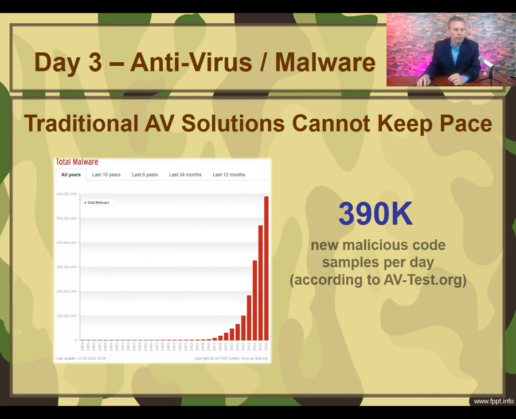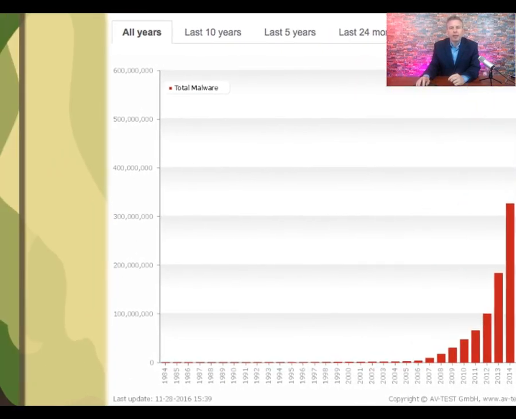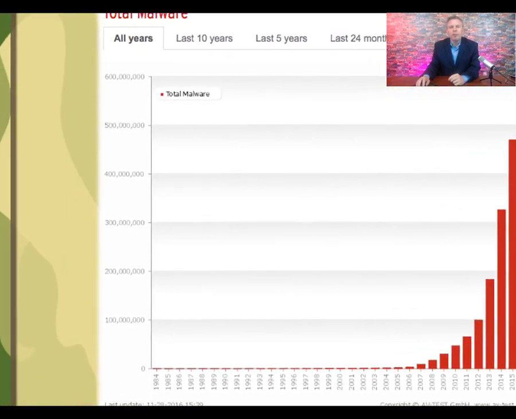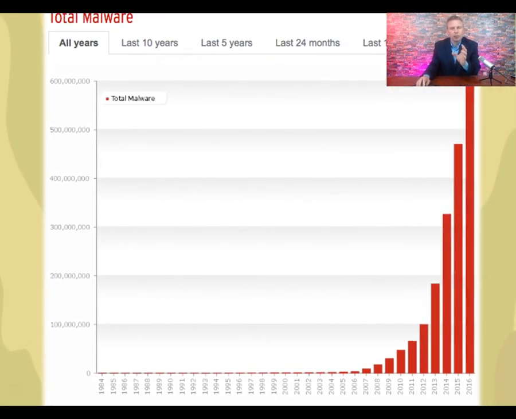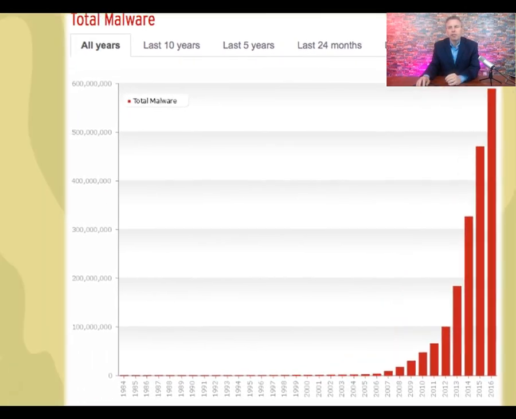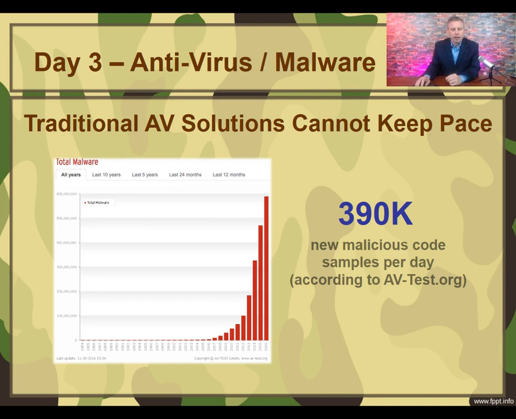If you drill into this and look at what I'm talking about, on the left side is 1984 and the right side is 2016. This shows how many malware threats were released during that year. If you look at it here, it's steadily grown every year from about 2008 on. In the last few years, it's seen substantial growth. A traditional antivirus just can't keep up with that type of growth, that type of virus warnings.